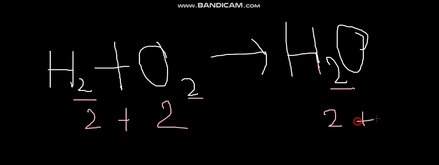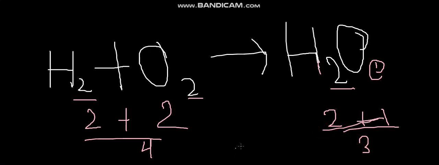When the number is not declared, you have to understand that only one of them is present. When we complete the count, there are four atoms here but only three here. That means the number on the sides is not equal, and we have to balance them.